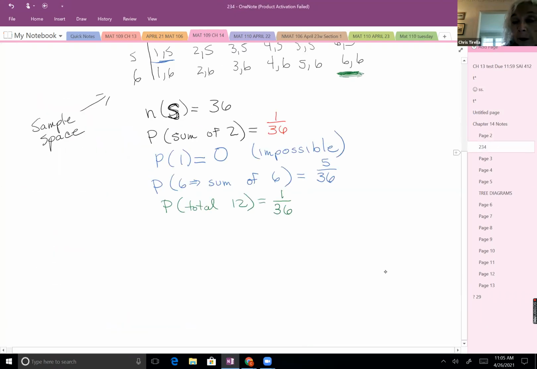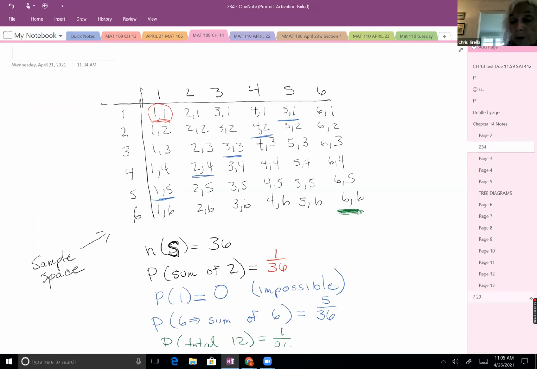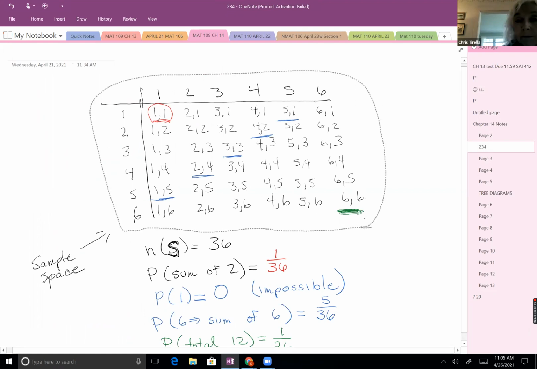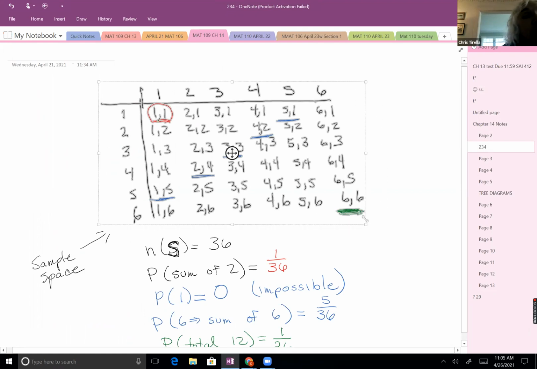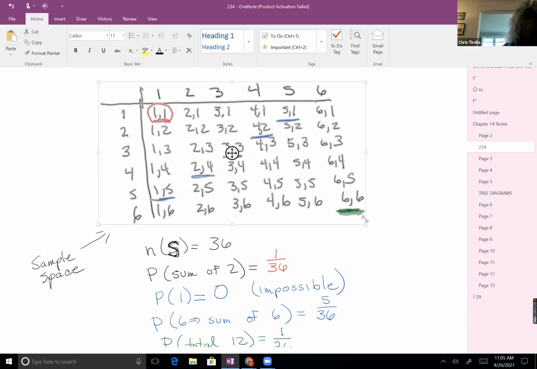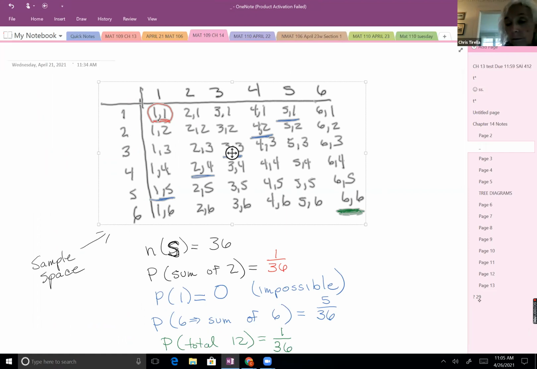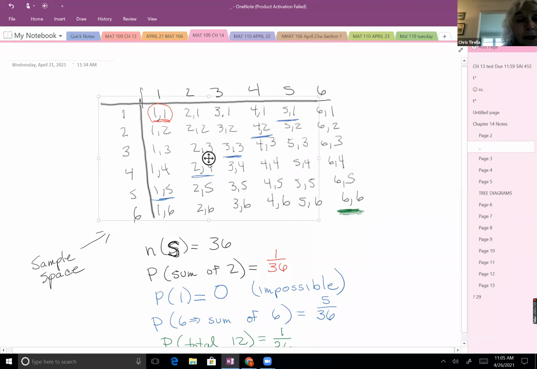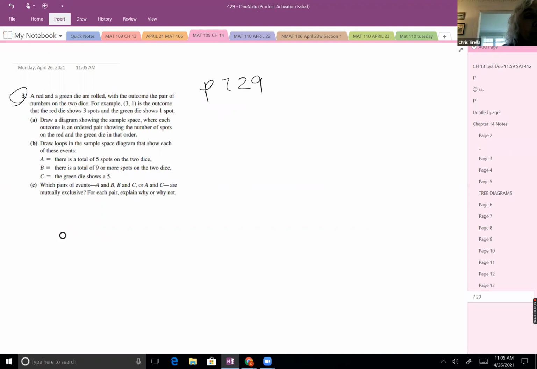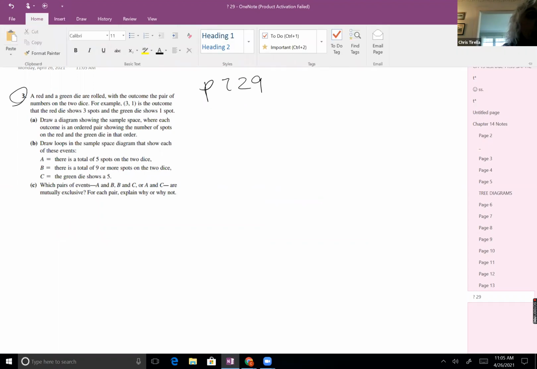Remember when we went through and we drew this picture for 2 dice? So I'm going to try to go through and snag that diagram and add it to this page.